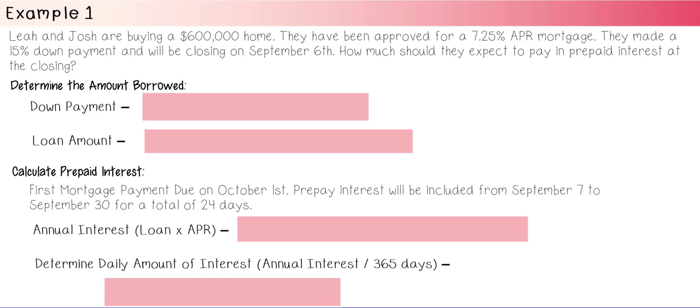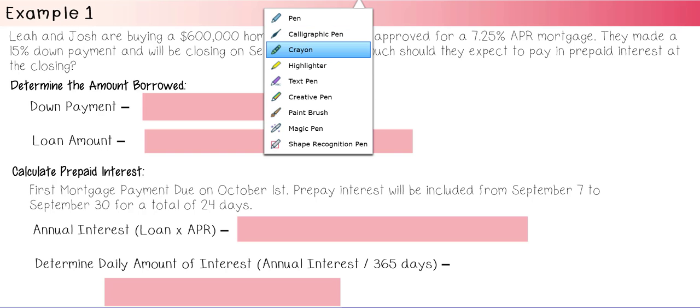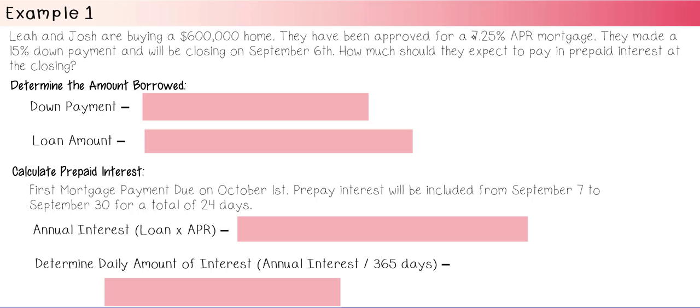So in example 1, Lee and Josh are buying a $600,000 home. They have been approved for a 7.25% APR mortgage. They made a 15% down payment and will be closing on September 6th.